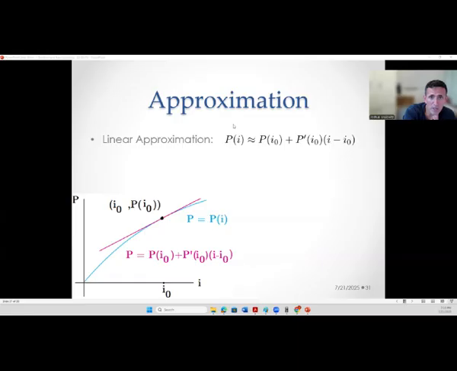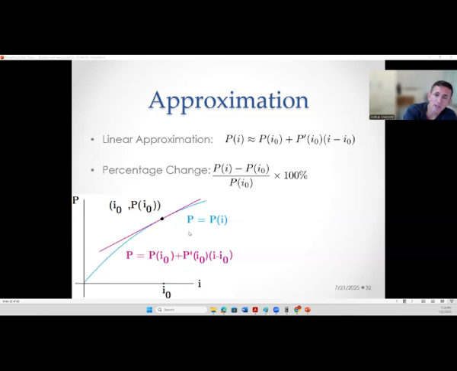In other words, for an interest rate change, the actual blue price is roughly the pink approximation. The pink curve is close to the blue curve as long as we're at an interest rate near I.